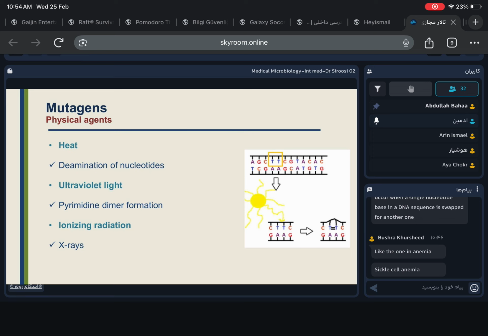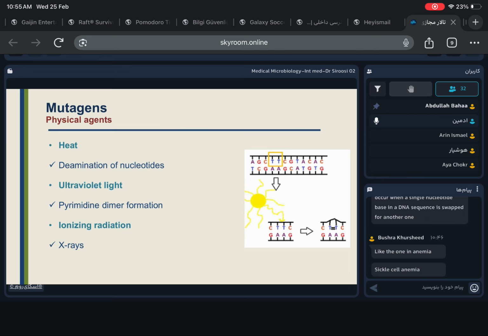We have a double-stranded DNA, and this DNA is exposed to ultraviolet light. Now, ultraviolet light has energy, okay? And this energy is absorbed by pyrimidine bases that we have in the DNA, and it damages the pyrimidine bases. They become very reactive when they are damaged.